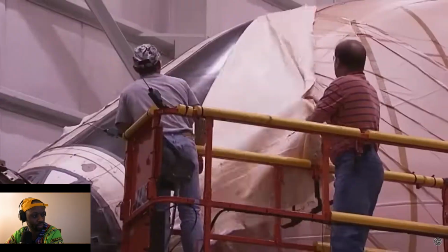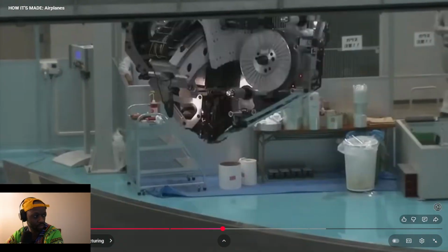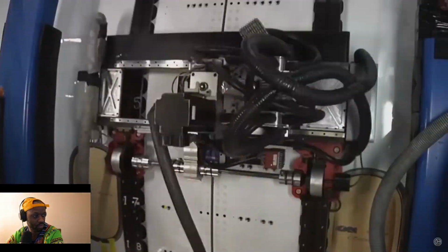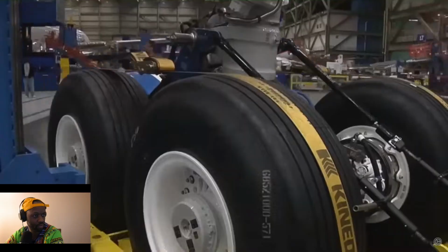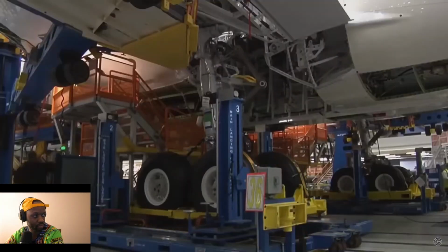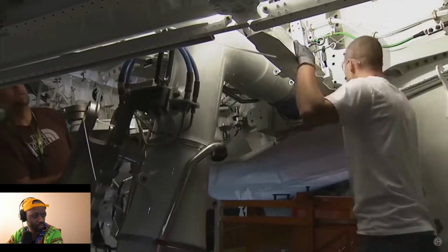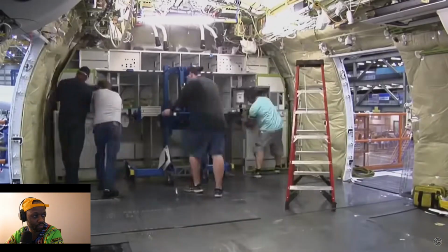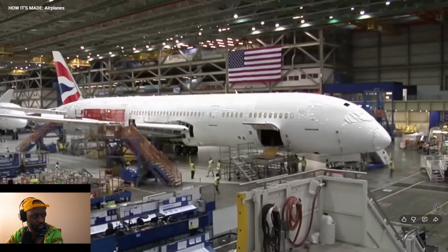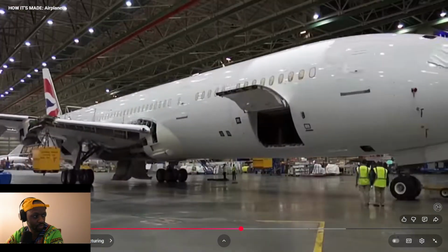In addition to robotics, airplane manufacturing also relies heavily on computerized systems and digital control centers. These systems help monitor and manage the manufacturing process, ensuring that the aircraft components are constructed to precise specifications and safety standards. Once the individual components are complete, they are assembled together to create a complete airplane. This process involves attaching the wings.